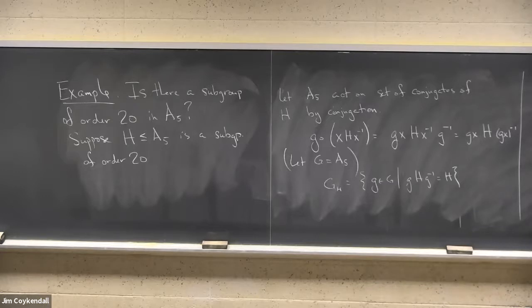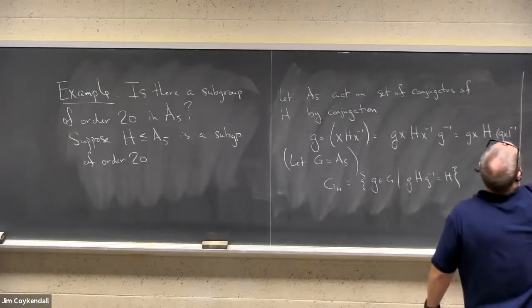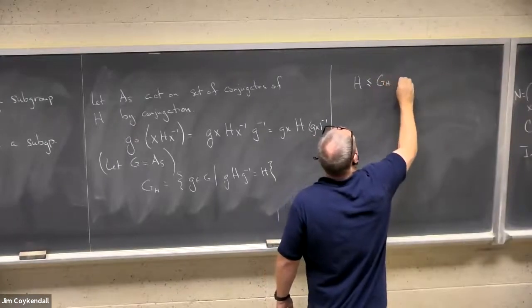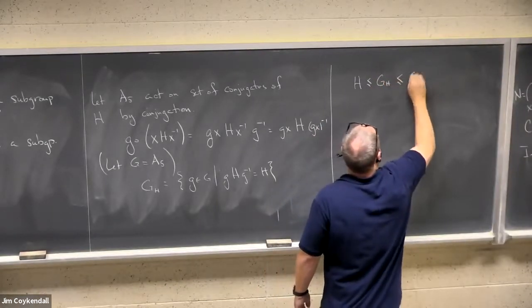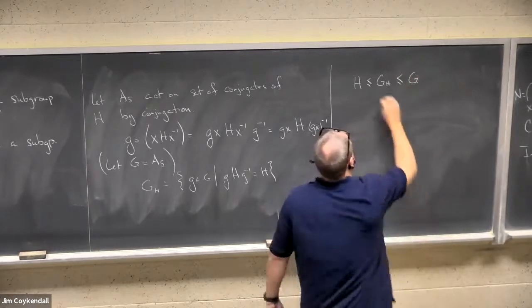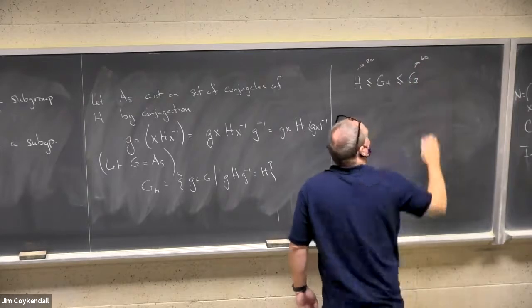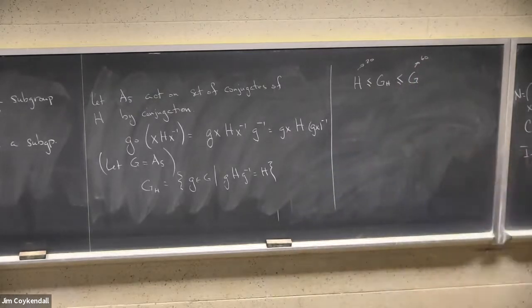So what are the possible orders of the stabilizer? Right, H is order 20, and G is order 60. So the order has to satisfy two things: it's got to be a multiple of 20, and it's got to divide 60.